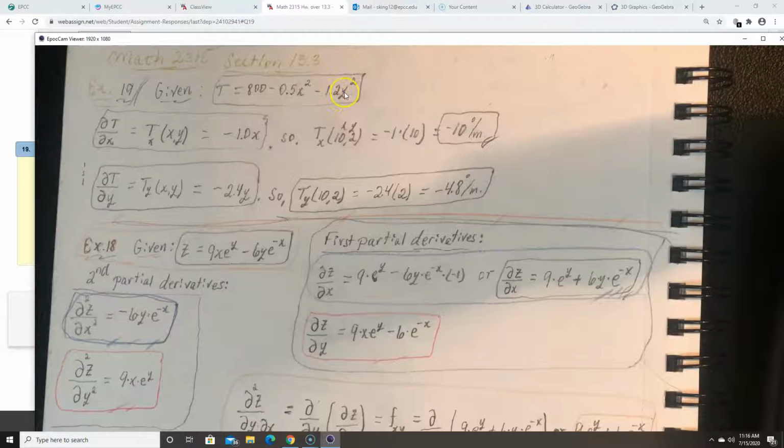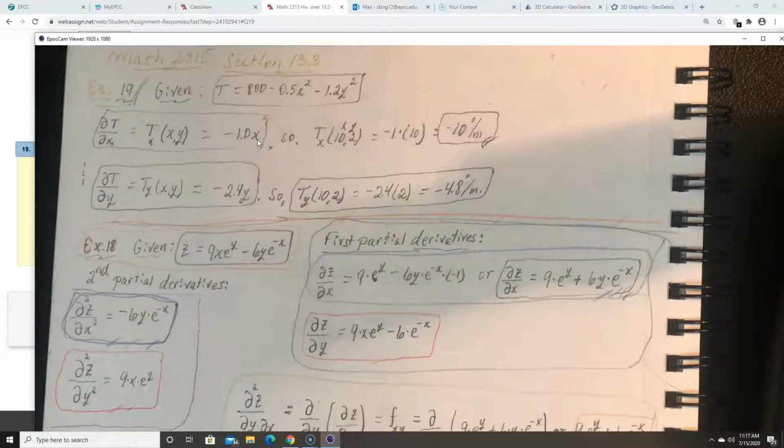Even though there's a negative 1.2 times a fixed constant value y squared, altogether this would compute to some number, so the derivative of this will be 0. And now you just differentiate this term with the power rule with respect to x, bring down the power. Negative 0.5 times 2 would be negative 1, x to the 1 less power, so x to the first. So it would be negative 1.0 x right there.